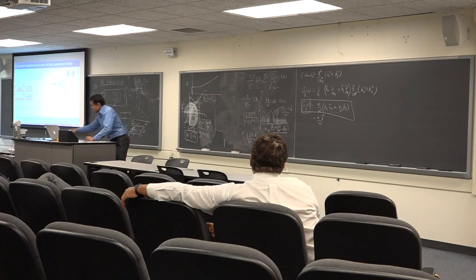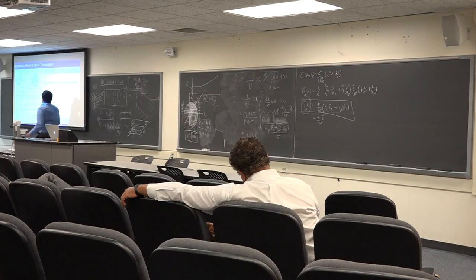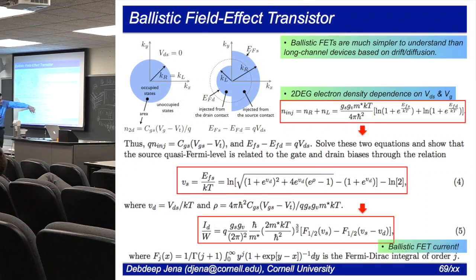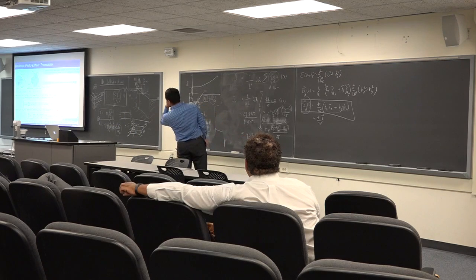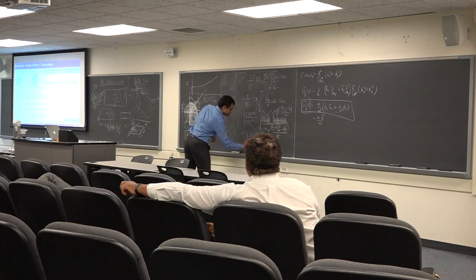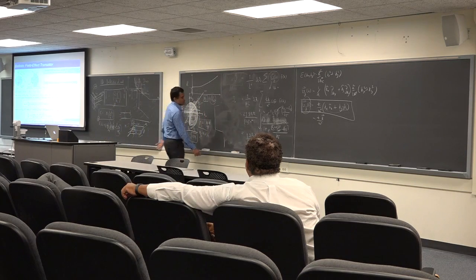I can't remember, but let me look that up quickly, rather than writing it incorrectly. So it looks like charge, spin valley degeneracy, some 2 pi squared factor, Planck's constant, and then a Fermi-Dirac integral F half. 2 pi squared, h bar by m star.